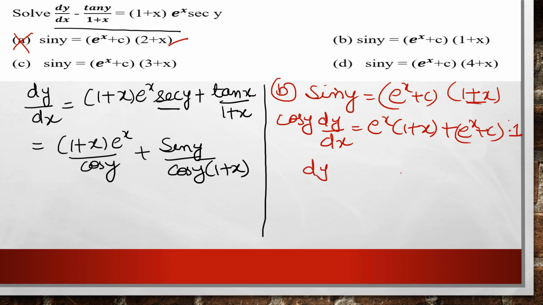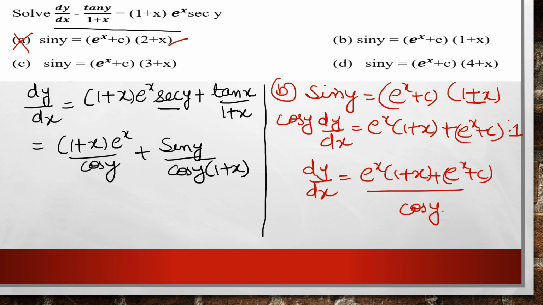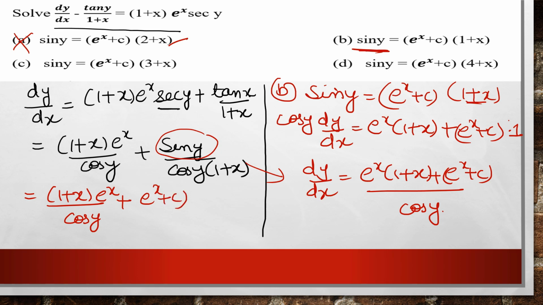So what is the value of dy over dx? That is e power x (1 plus x) plus (e power x plus c), okay, over cos y. Now let's check whether for this value of sin y we are getting the same thing as of this or not. So for this, if I place the value of sin y which is given in option B, what will we get? (e power x plus c)(1 plus x) over cos y (1 plus x).